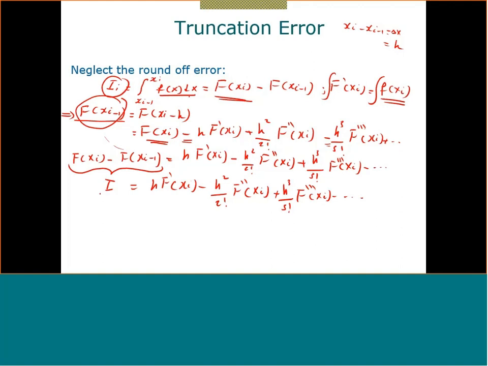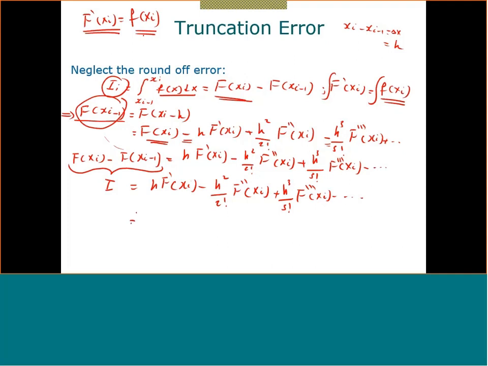Now it would be more convenient for me to define the integration in terms of the original function, not its derivative. And we know the relation between the two: f prime of x_i is equal to f of x_i. We know that, and this is how it was defined before. So now I will just substitute f prime with the original function. When you take the integration of this, it will cancel the integration. So this is the relation between the function and its derivative.